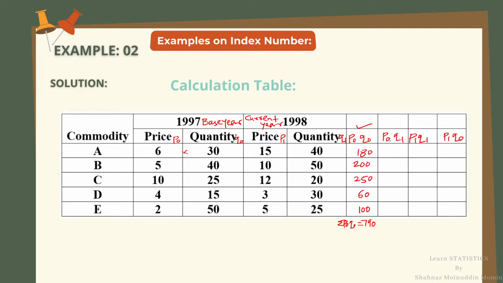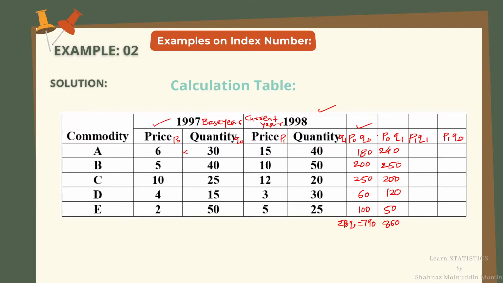Now we will do the next column P0Q1, means price of base year and quantities of the current year, that is 6 into 40, 240. Similarly 5 into 50, 250, like that. 200, 120, 50 and its total is 860.